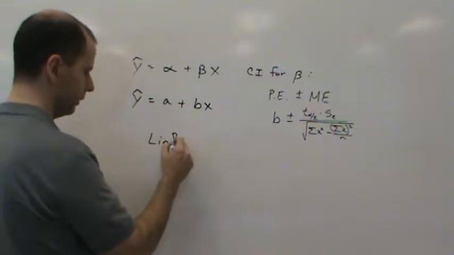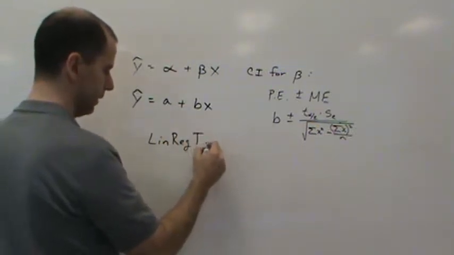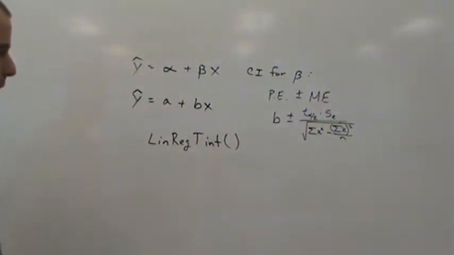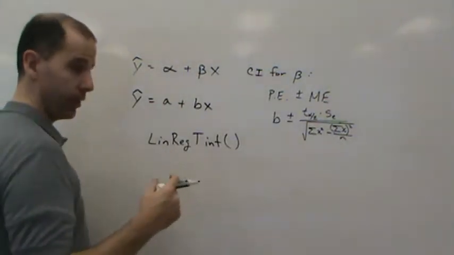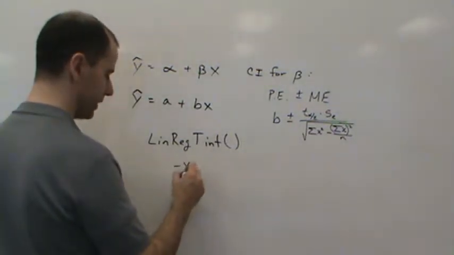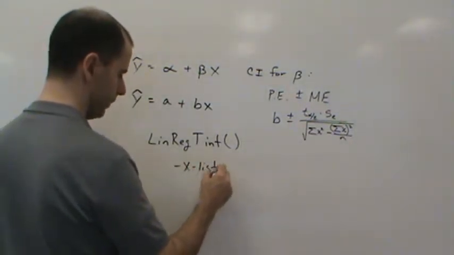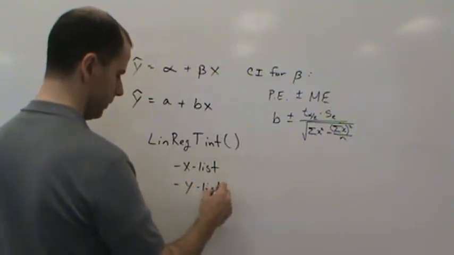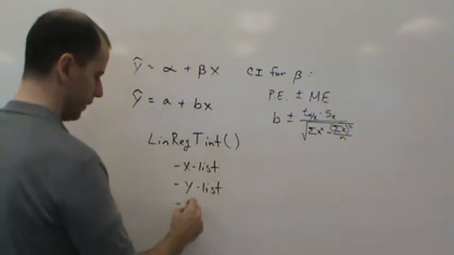Okay. So now, the function on your calculator that will give you this confidence interval is going to be LinRegTInt. Okay. And the three major things that you need to put in here are your x list, your y list, and the confidence level.